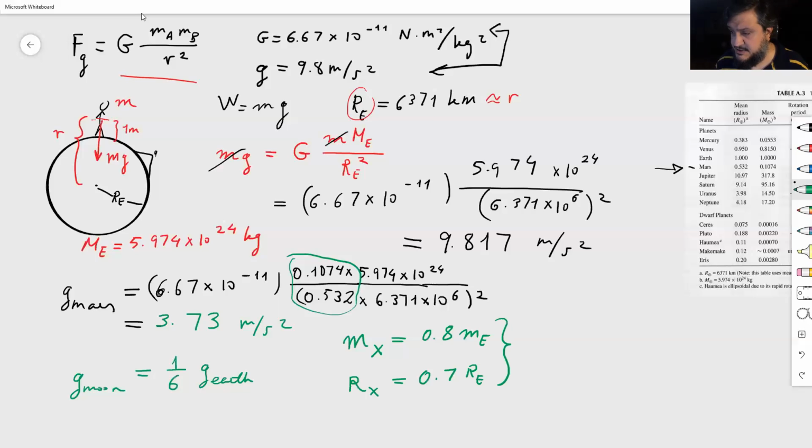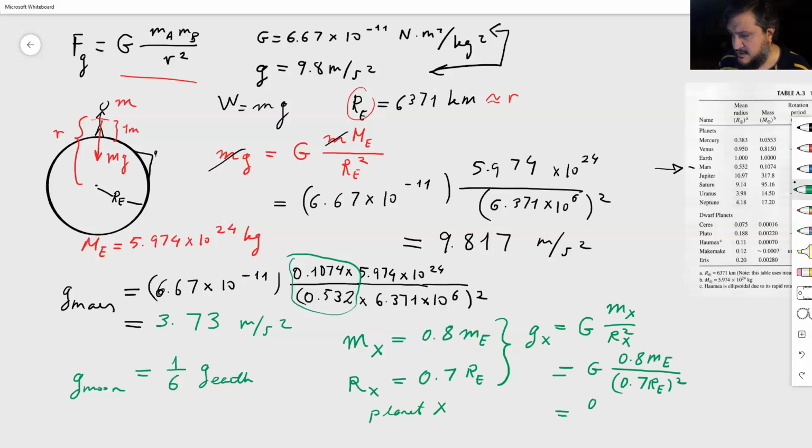So let's say g of planet X will be the universal constant that never changes times Mx divided by Rx squared. And that is equal to G times, now Mx is 0.8 ME divided by 0.7 RE squared.